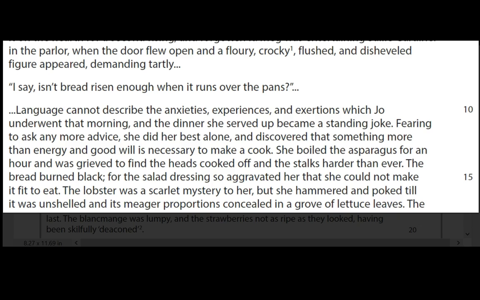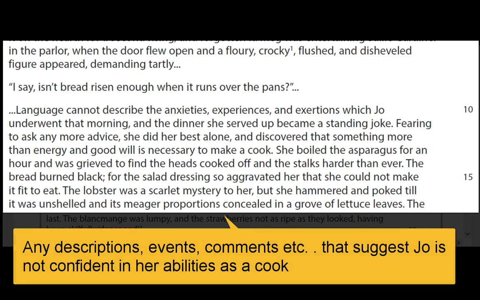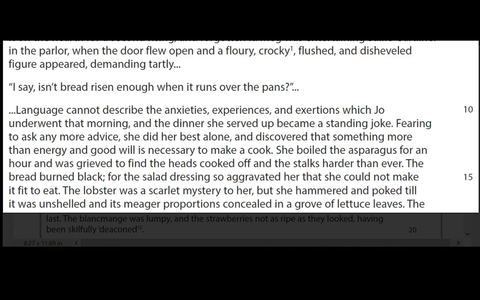So it's the line reference rather than the full sentence, and what we're looking for are any examples that we could use either as a direct quotation or that we could paraphrase to show that Joe is not a confident cook. So the way the writer's writing about Joe cooking tells us as the reader that she's not very good at it and she's not very confident in her own abilities. So again, we're going to skim across and we're only going to stop and read when we see a key word that might be relevant.